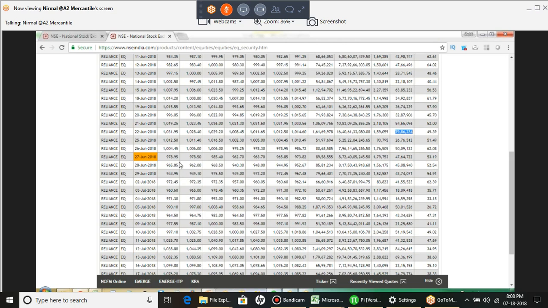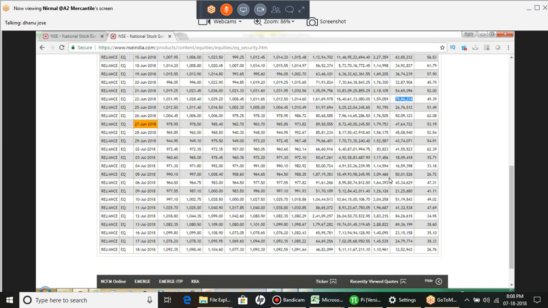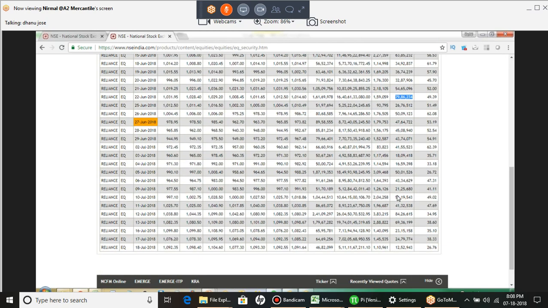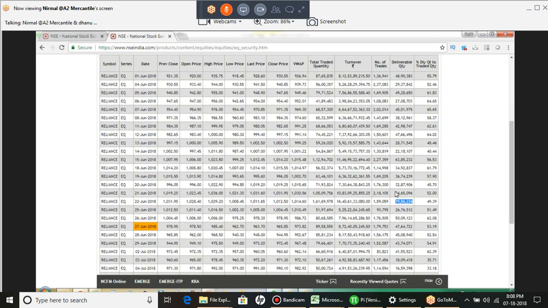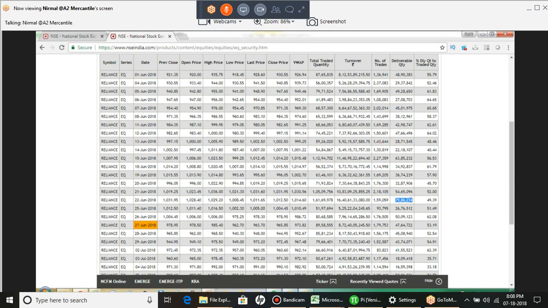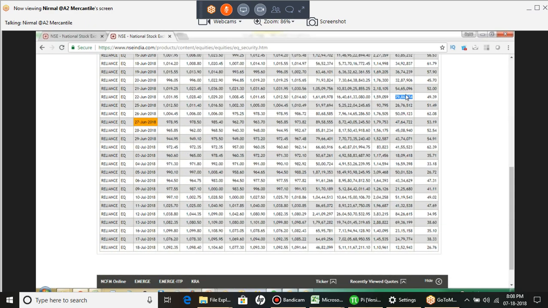Okay. So this happened in June, correct? Sir, but that was not a delivery volume breakout, right, sir? It was 54 lakhs, I feel, right? This is the highest volume of this month, okay. Not a breakout, highest volume. Okay.